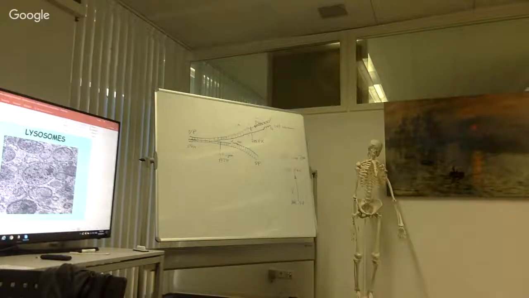And the third element of the story is represented by lysosomes. Lysosomes are organelles that we find in the cytoplasm. And in these structures are concentrated lytic enzymes. Lysosomes are the stomach of the cell.